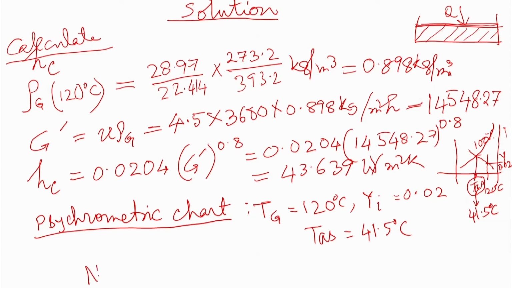Now, we will get the Nc value, the drying rate at the constant drying period.